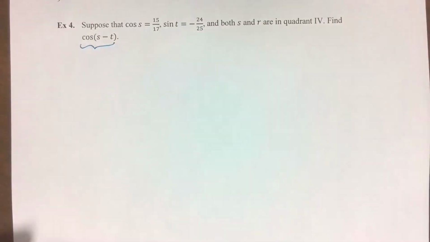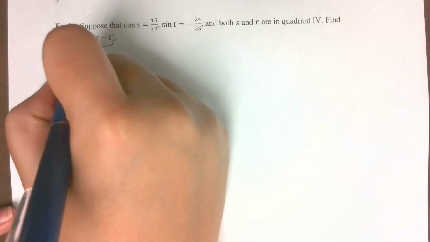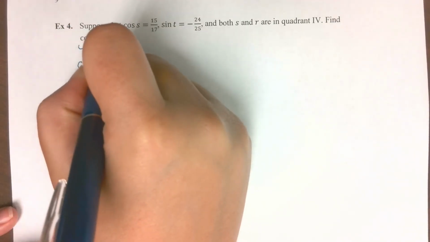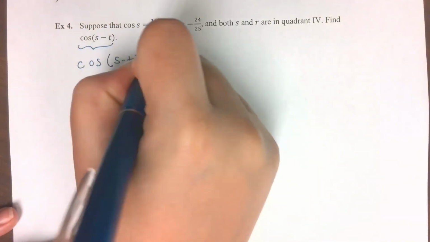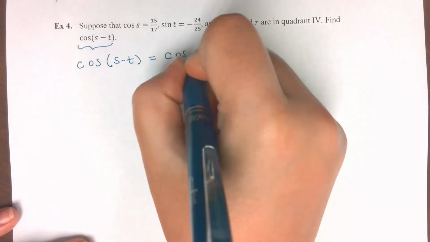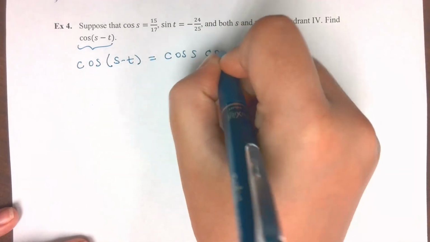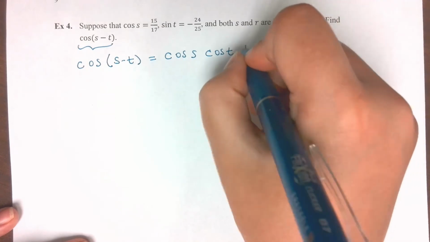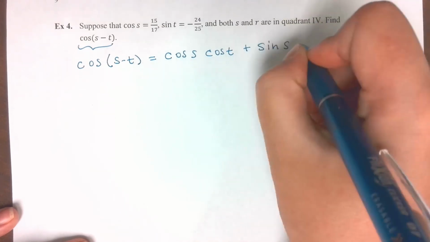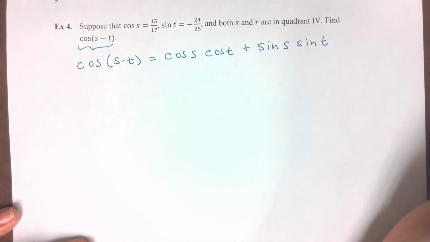First off, cosine of s minus t is going to give us the difference identity for cosine. So cosine of s minus t is equal to cosine s times cosine t plus sine s times sine t.